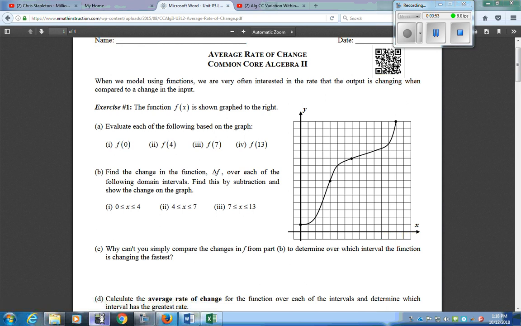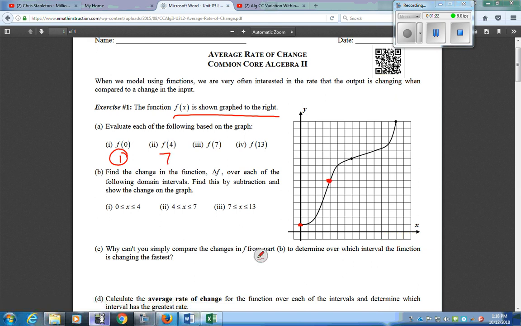They just want you to evaluate using the graph. It tells us the graph is used to the right, so there's nothing we can put in the calculator. For each of these values, you're looking at the x value. So f of 0 is going to be 1, because you have this point down here. f of 4, 5, 6, 7, you get 7 for the answer, which is this point right here.